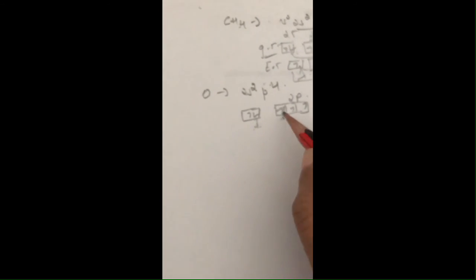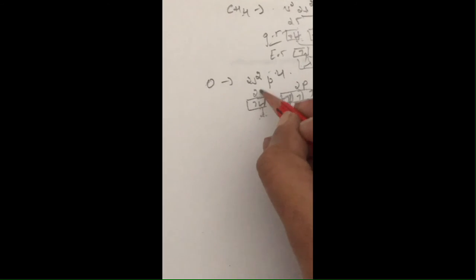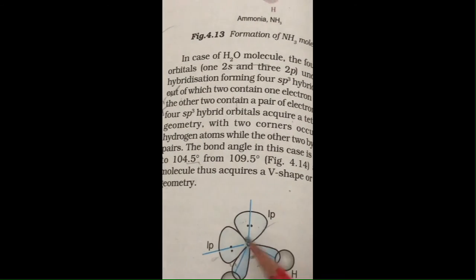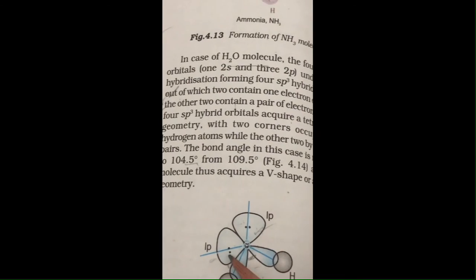Clear? So now you can see these two orbitals have a fully filled configuration, or fully filled orbitals behave as the inert orbitals, not going to take part in bonding but going to take part in the hybridization. Clear? So these orbitals are shown in this diagram as lone pairs.